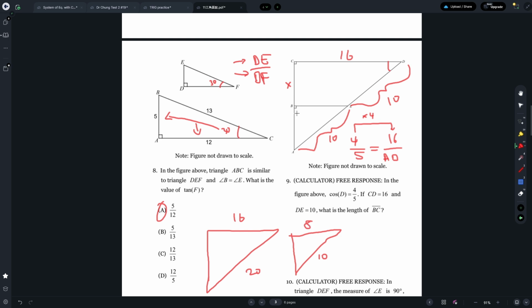So now, let's call this angle x. If the bigger side length is 2x, that means this is also x, right? That means these two side lengths are equal to each other. So if we just figure out the smaller triangle side length, we can get the length of BC.